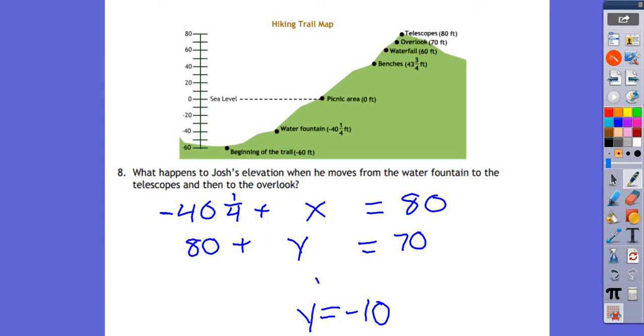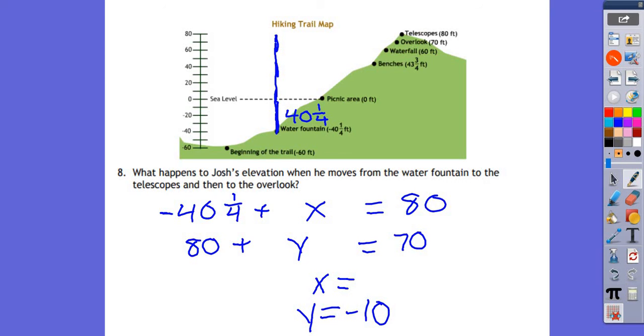So now we need to know what was being added for X. Is it going to be a positive or a negative? A positive.